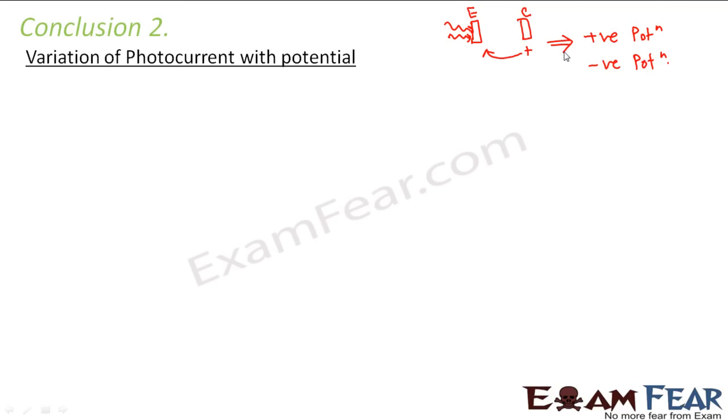We are keeping the collector at a higher potential as compared to the emitter. When we talk about negative potential, the collector is at a negative potential with respect to the emitter, at a lower potential as compared to the emitter. I just explained these terminologies because we will use them when we discuss the variation of photocurrent.